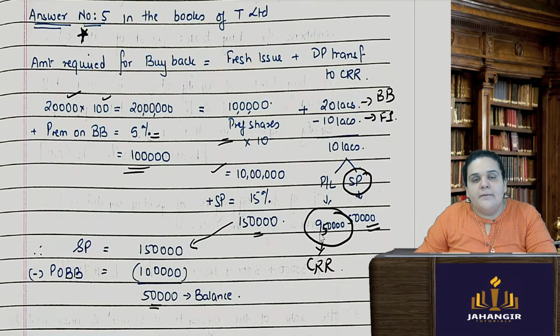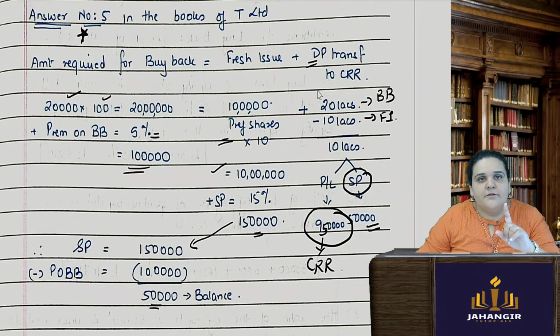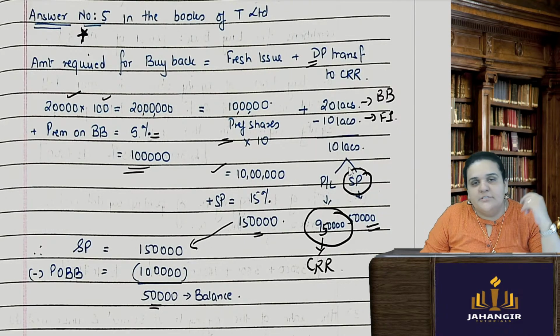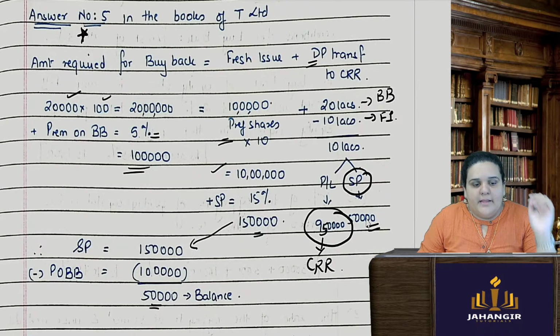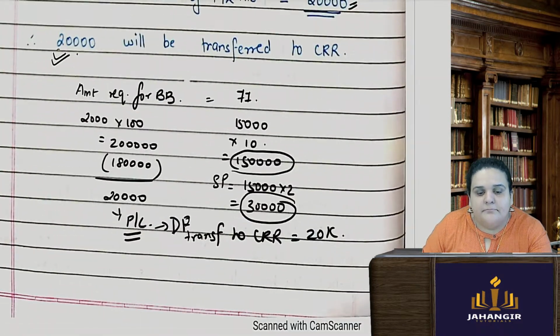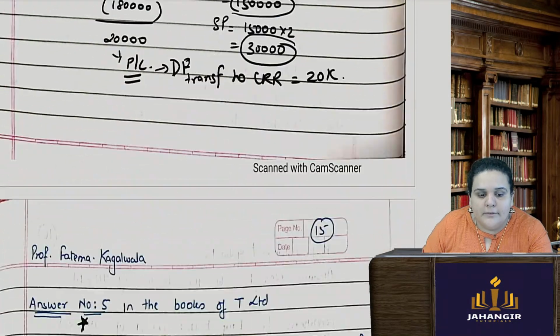When you reduce it, the balance you transfer to CRR. P&L transfer to CRR, always DP transfer, divisible profit. Securities premium is not a divisible profit. So do not transfer directly 10 lakhs. Use this securities premium, like how I've used it even in this sum. Okay.